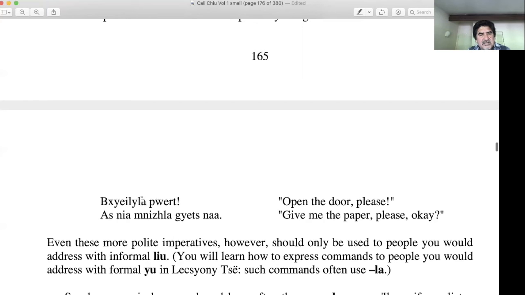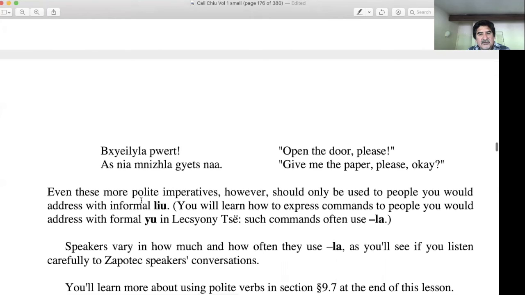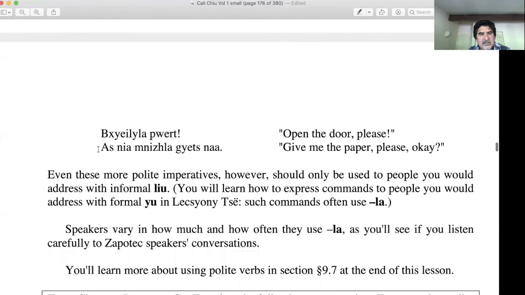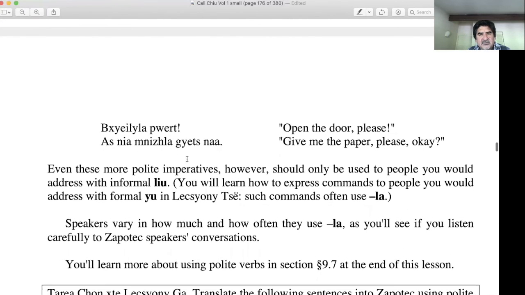As you can see, the la is what makes it the please, the politeness of it. Again, I'm going to say it so you can listen to the pronunciation: "Cierra la puerta." And then the next sentence, give me the paper, please. Asnia, nishla yetsna. Again, asnia, nishla yetsna.